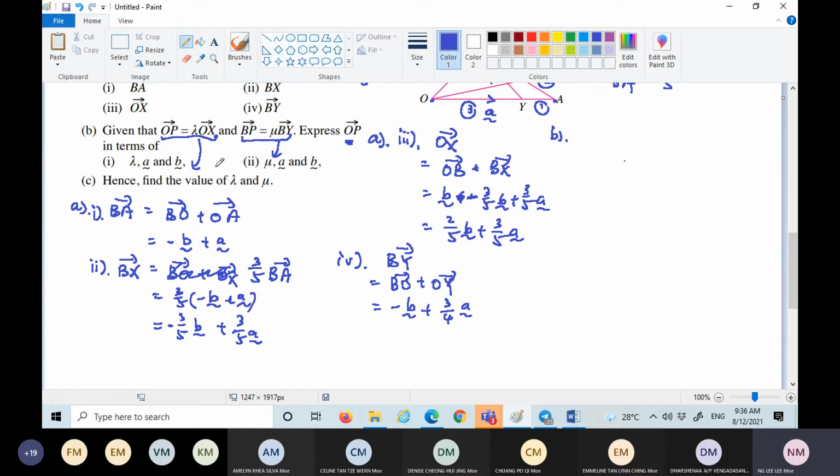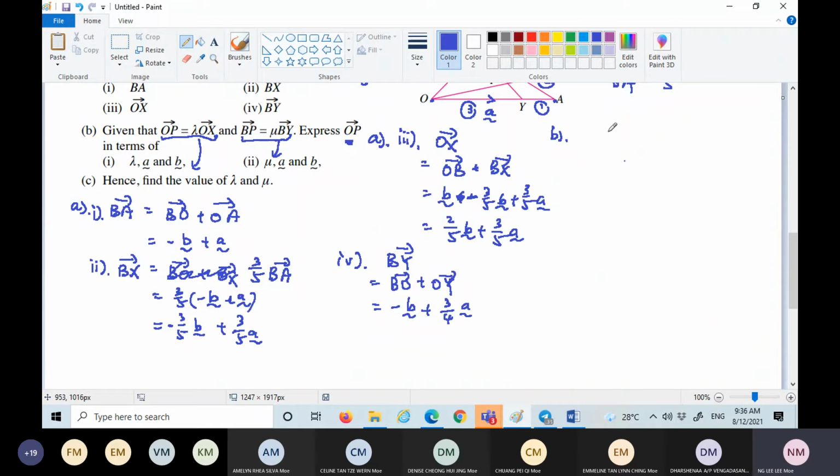This is why you will end up with part C, because OP you can express in 2 different ways, so that after that you can do the comparison and get the lambda and the mu. This type of question is quite popular in the old SPM.